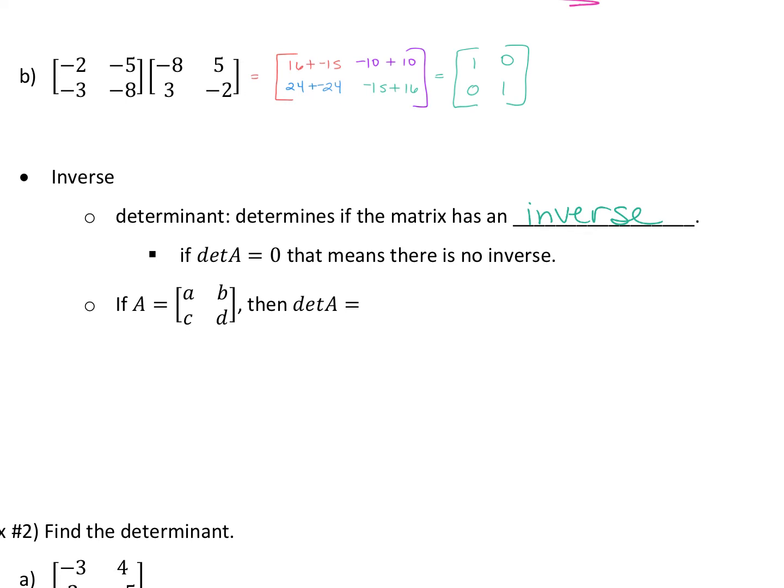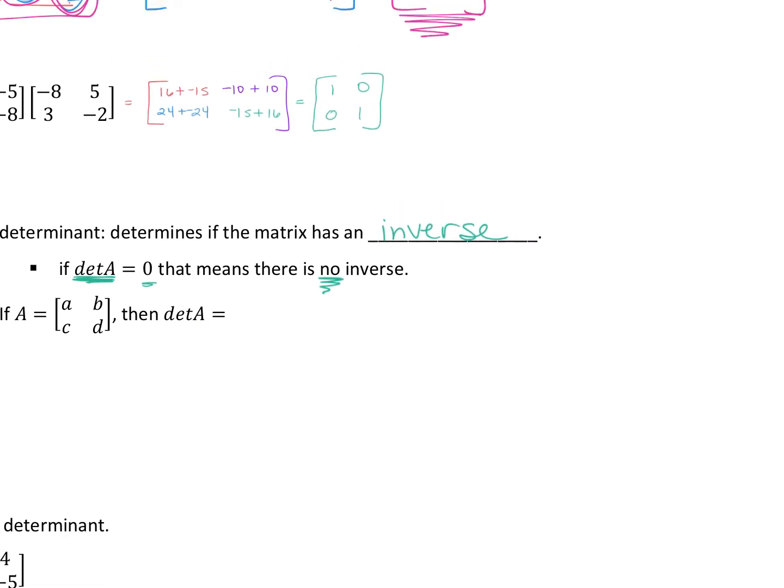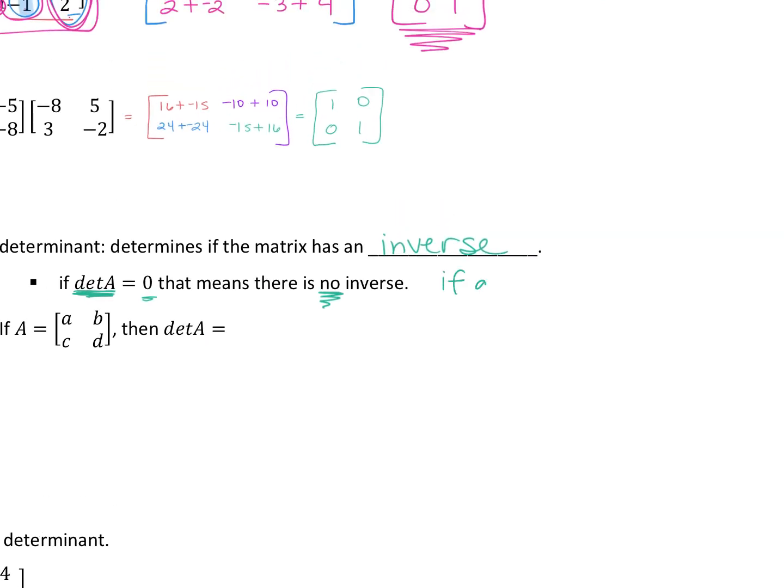When we do this, if the determinant of whatever matrix we have equals 0, then there is no inverse. If it's anything but 0, then there is an inverse.